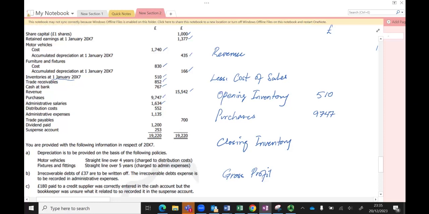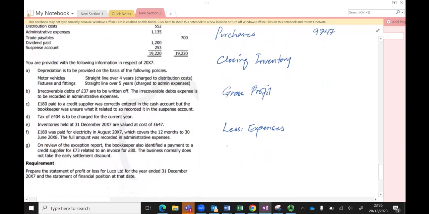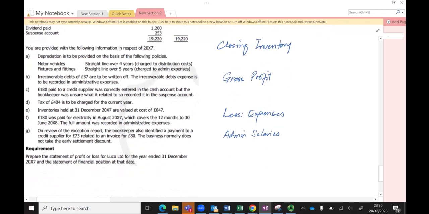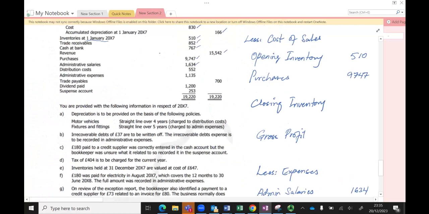Then administrative salaries of 1634. Distribution cost is 552.